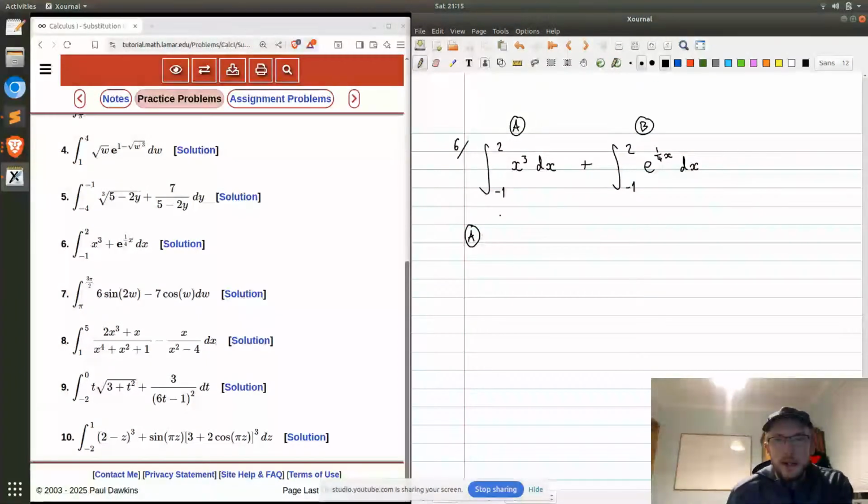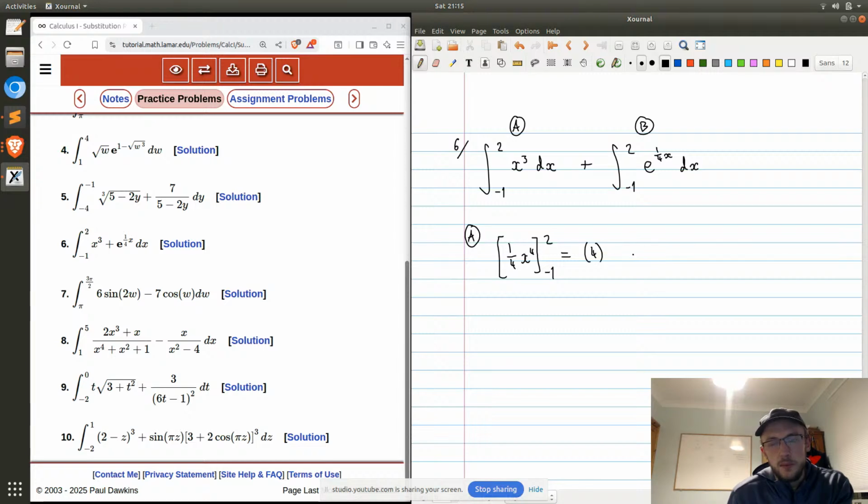For integral a, we integrate x cubed, which is 1/4 of x to the 4. And do so from -1 to 2. So we plug in 2, so that'll be 16/4, which is 4.